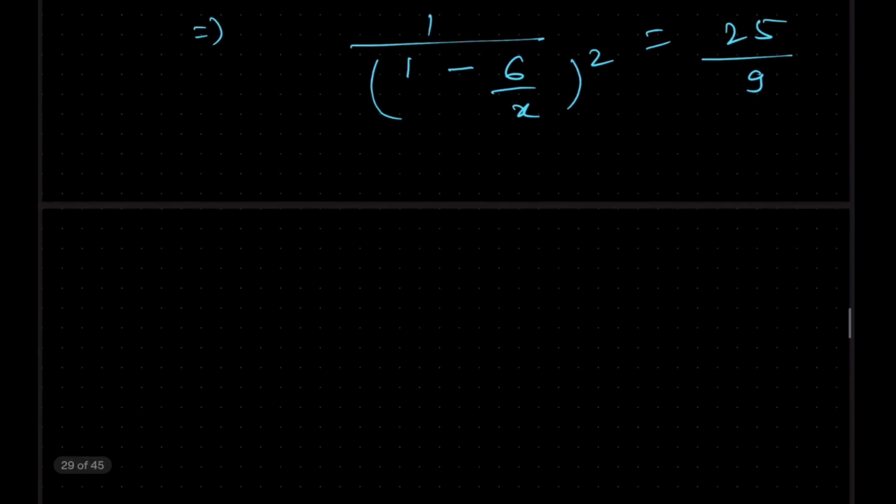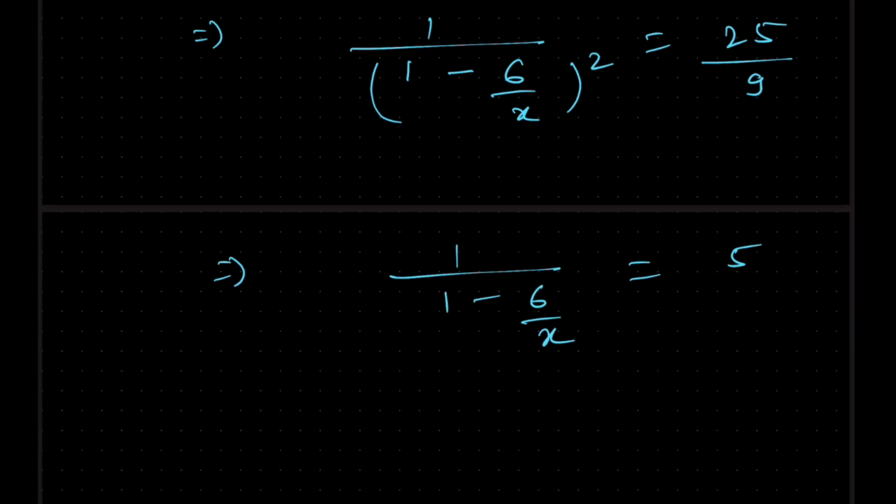Now let's take square root on both sides. 1 by 1 minus 6 by x is equal to 5 by 3. Now just cross multiply it: 3 on one side, and here you get 5 minus 30 by x.